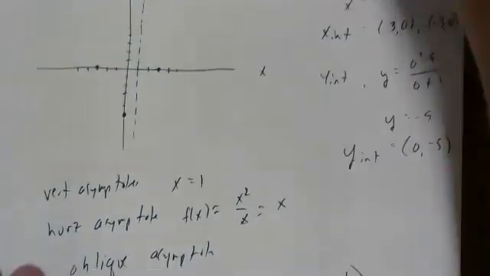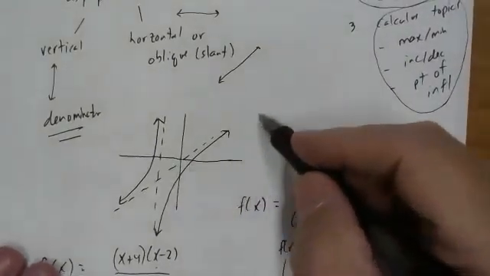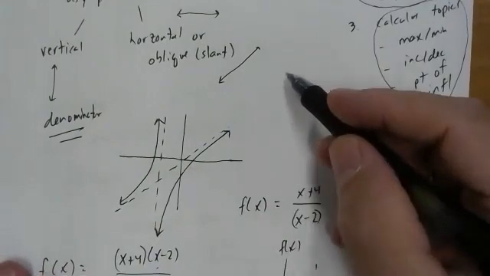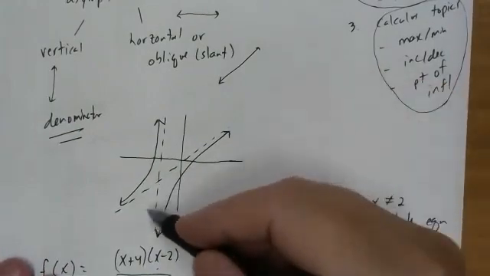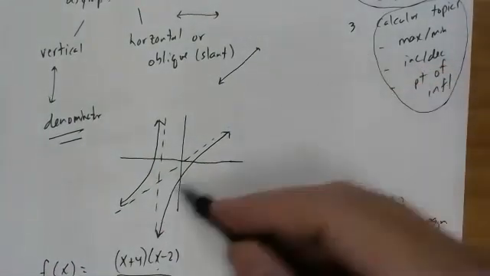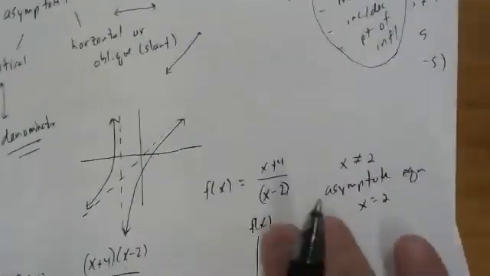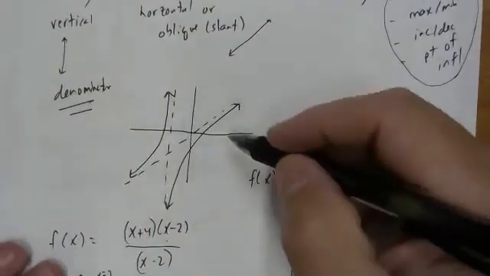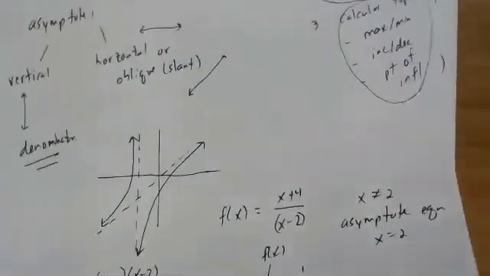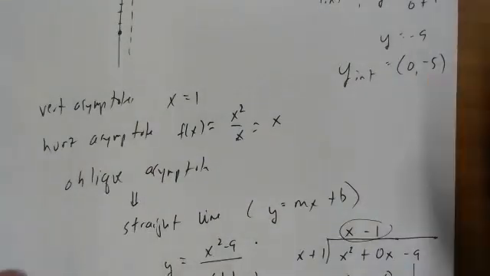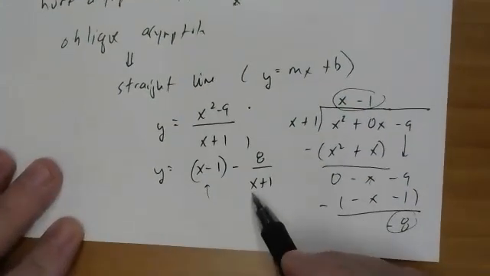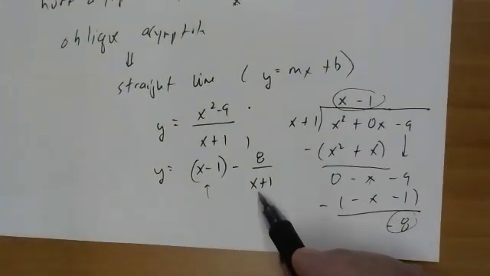Now, to get an oblique asymptote, the idea is you're looking at your function or your graph as the values of x get large. As you get way out, way far away. So x ends up being big numbers, right? So what happens if I stick in a big number for x here?